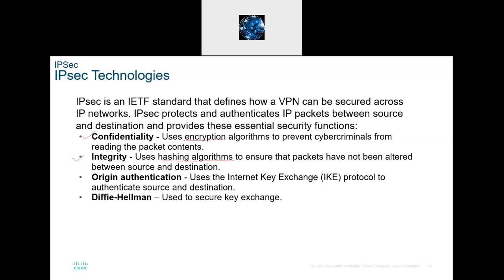Another thing we gain is origin authentication. What does that mean? It will authenticate the source and authenticate the destination. So if I want to talk to you, the two routers must have been configured to authenticate themselves so that the enemy does not come in between. So we have to be sure.